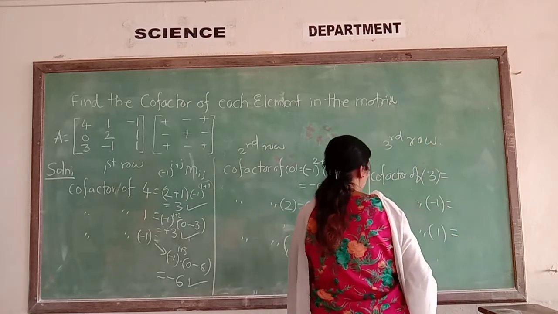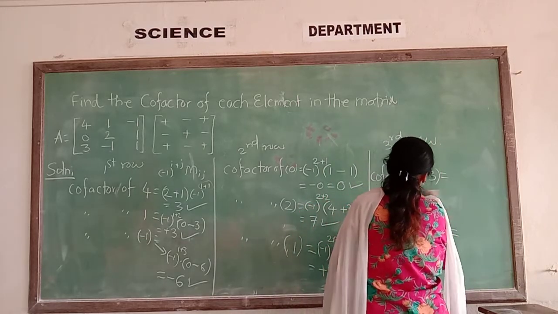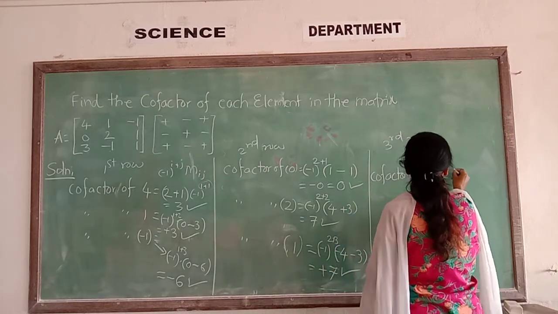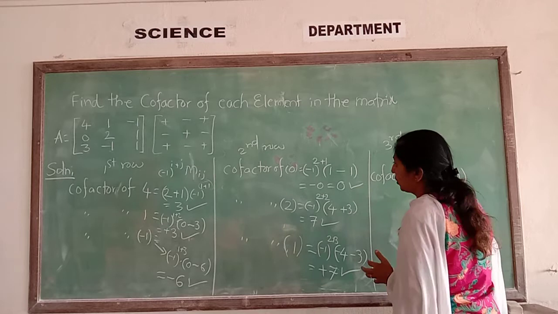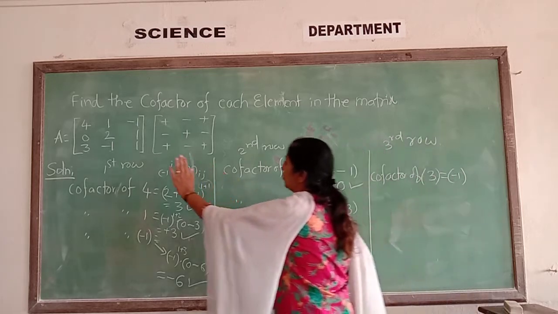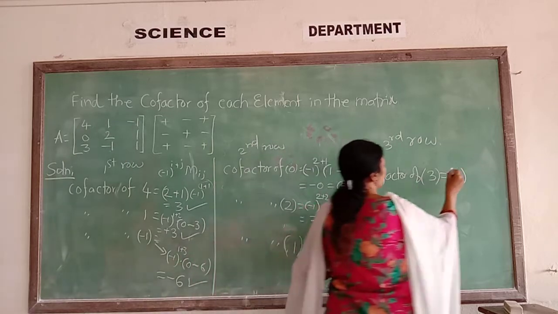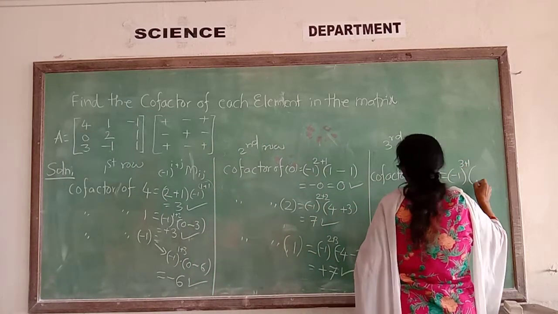Repeating the same way, we apply the same formula, -1 to the power i plus j. 3 is in the third row, first column, so I write third row, first column.